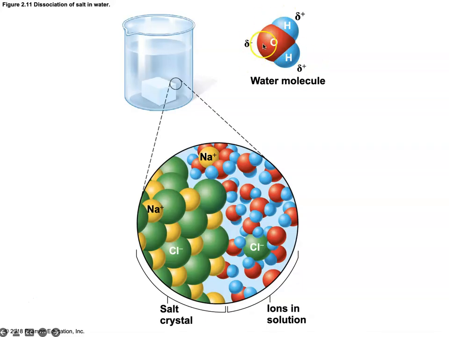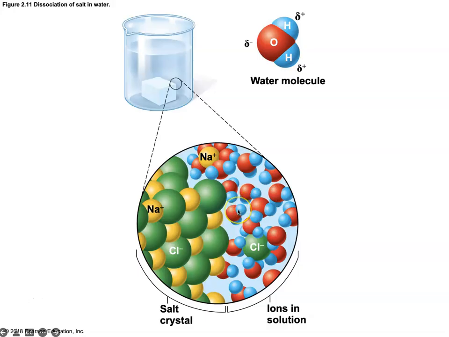Remember that the water is polar, which means you have a little bit of positivity, a little bit of negativity taking place here. And this water molecule will start attracting the individual ion components of sodium chloride. So sodium is a positively charged ion, a cation, and the sodium will become attracted to the oxygen, which, as you know, is more negatively charged.